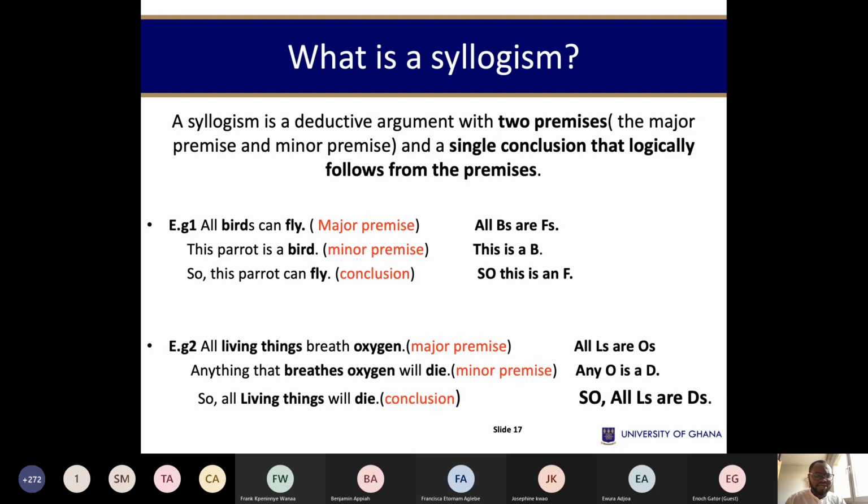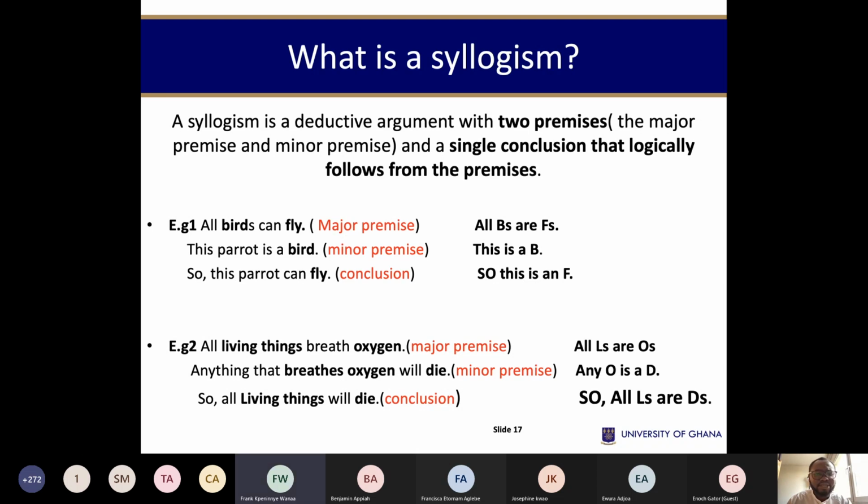Let's look at the first example. All birds can fly. That is your first statement. It is a statement because it can be true or false. The second one is your minor premise: this parrot is a bird.